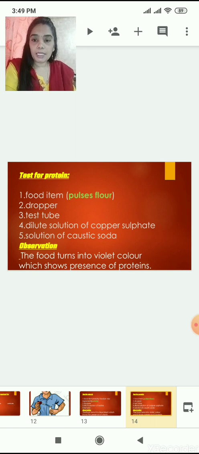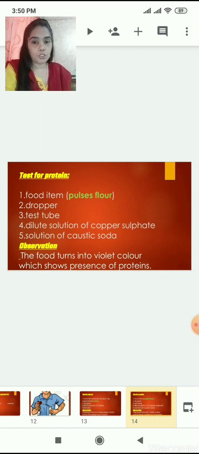Now again take the test tube. Put some of this gram flour in the test tube. And now add 10 drops of water to it and shake the test tube well so that the water and the gram flour get mixed up properly and evenly.